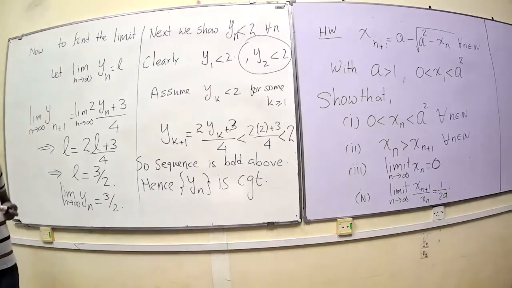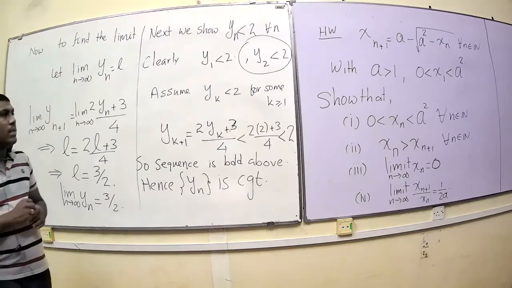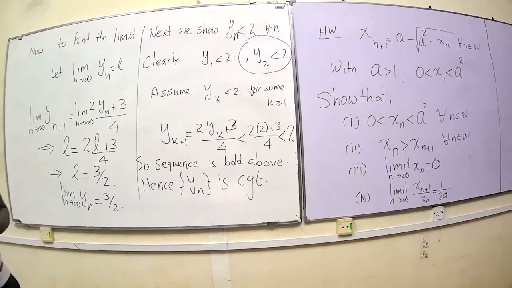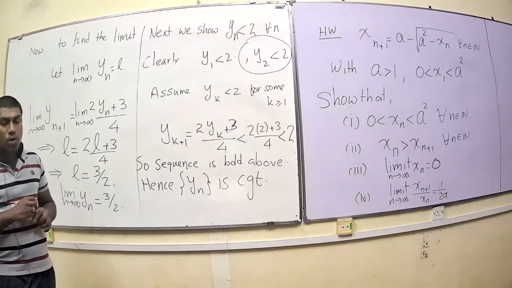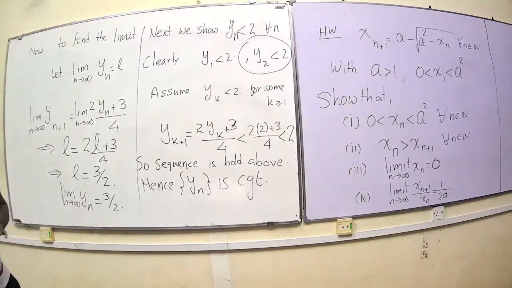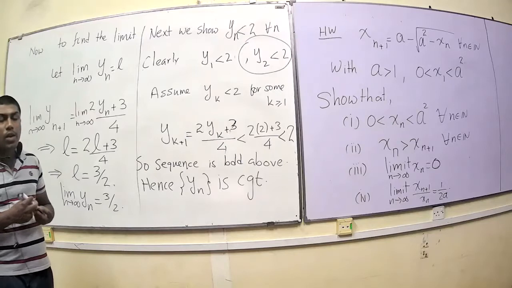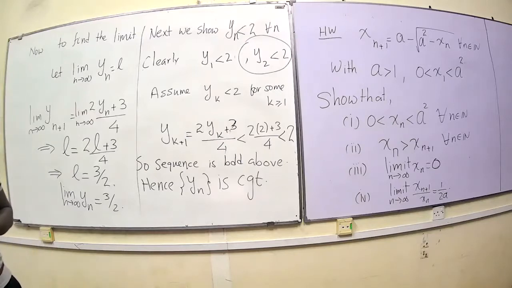Right? So now what you have to show is that it is a monotonically decreasing sequence which is bounded below. Right? So here, first step, they want you to show that the sequence is bounded below by 0 and above by a squared.